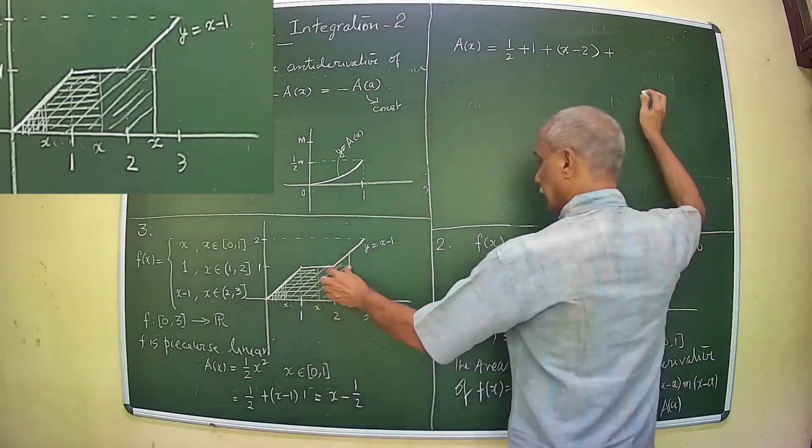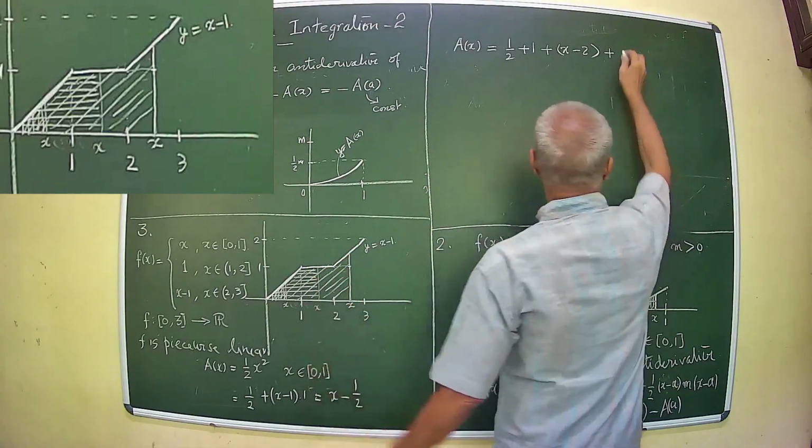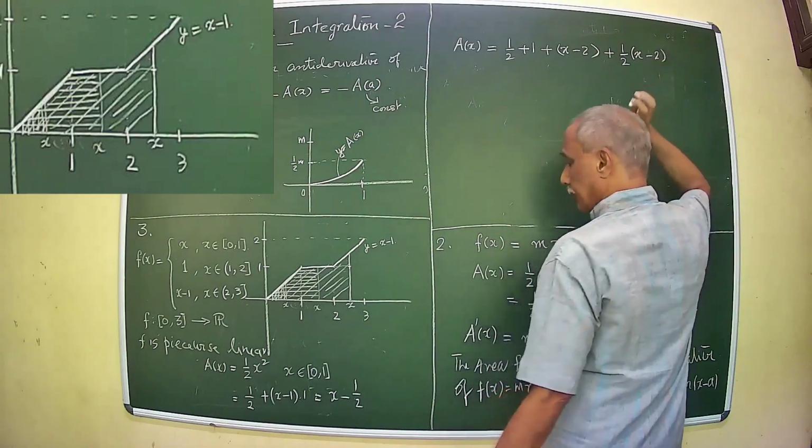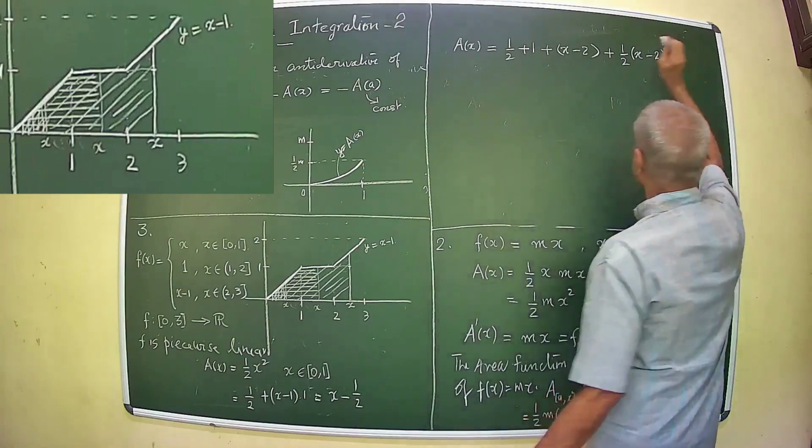So it is x minus 2, plus half of (x minus 2) whole square.